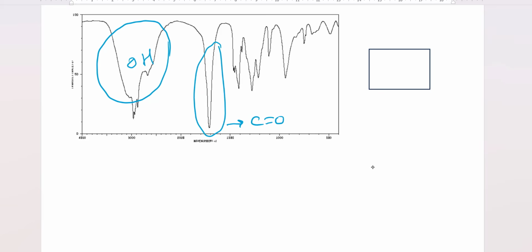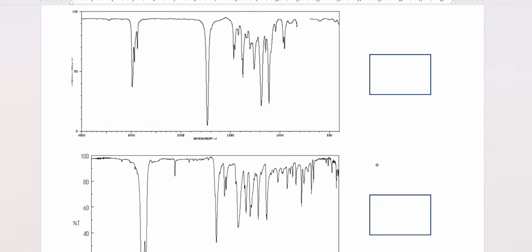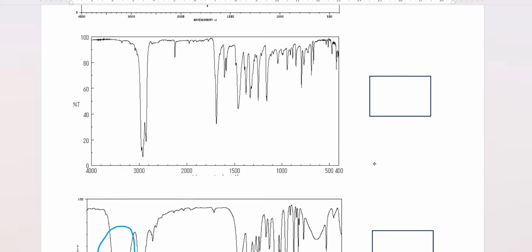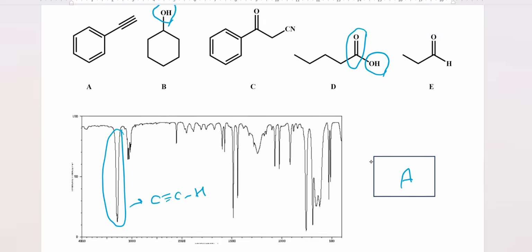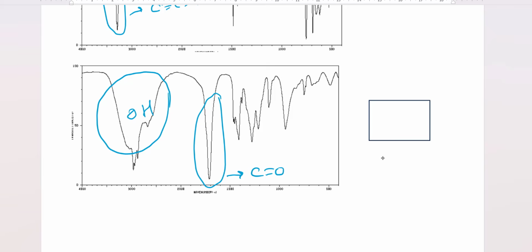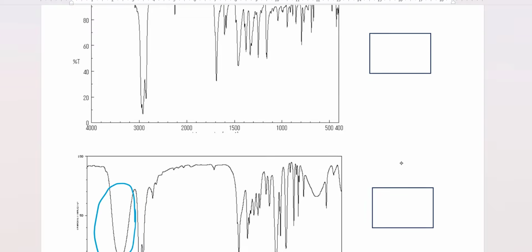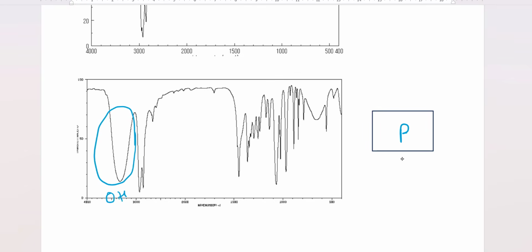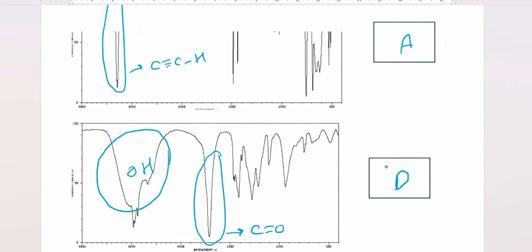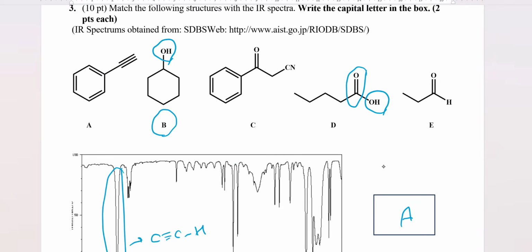So this spectrum has OH and carbonyl. The other spectrum doesn't have carbonyl, it's just OH. The one with just OH is compound B, and the one with OH and carbonyl is compound D. So this is D, and this is B. So right now we have A, B, and D.